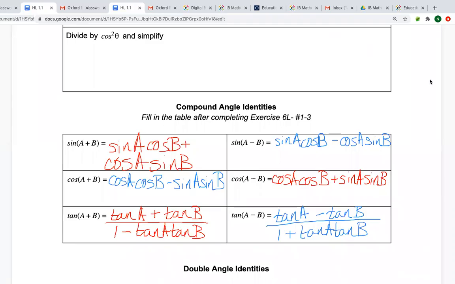Okay, so here are the rest of the compound angle identity formulas you should have gotten by completing exercise 6L. I'll give you a second to copy them down, you can just pause the video, and then I will do the same thing for the double angle identities.